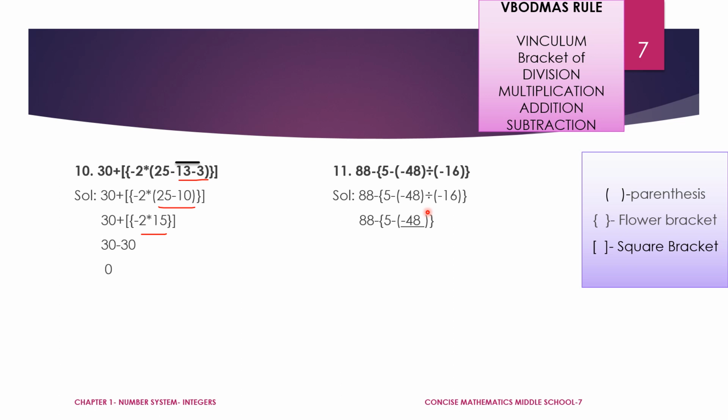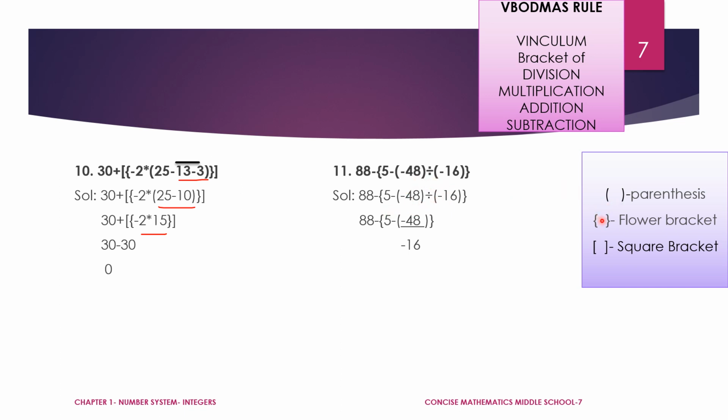So you need to write it as 48 divided by minus 16. This should be given first preference. Division should be given first preference, because in this parenthesis you don't have any division, multiplication, addition or subtraction inside this parenthesis, right? So we are dividing this one first.